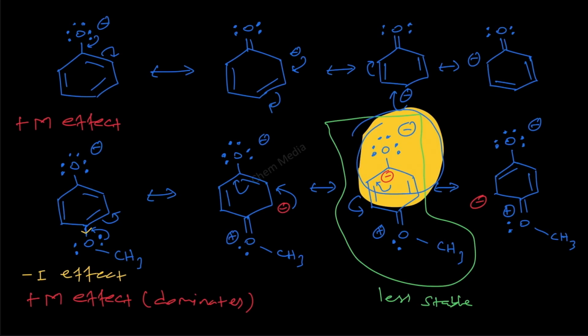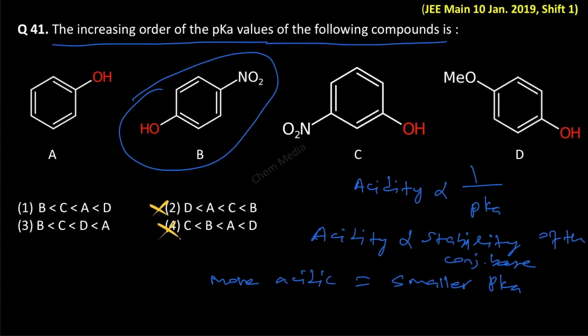Even though we have positive mesomeric effect in both the cases, the conjugate base of paramethoxyphenol will be less stable compared to phenol. So therefore, phenol is more acidic. So this means that the pKa value of A will be smaller than D. So therefore, option 1 is correct in this case.